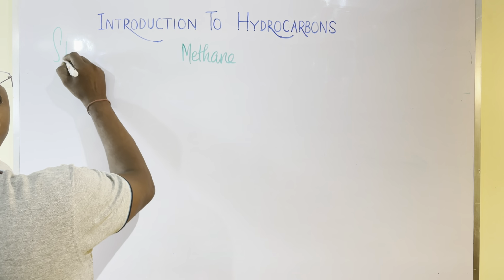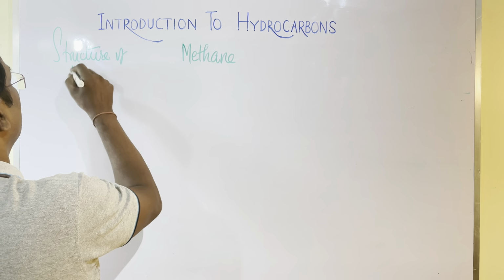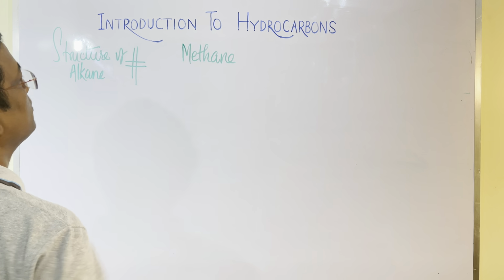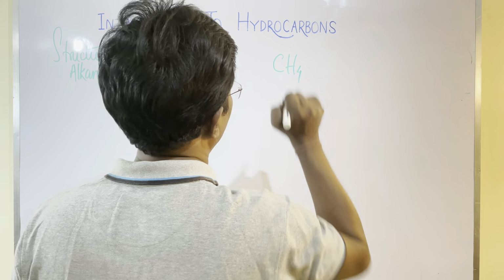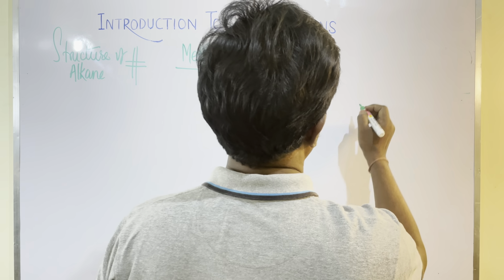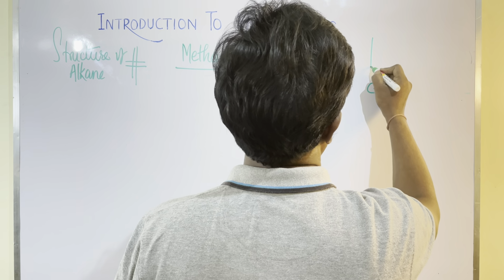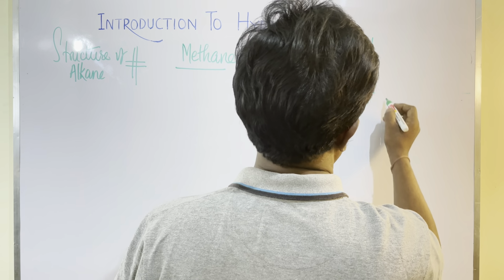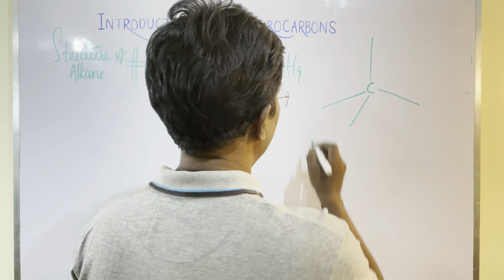Methane, the general formula is CH4, and here carbon is at the center and these 4 hydrogens are located at the 4 corners of a regular tetrahedron.